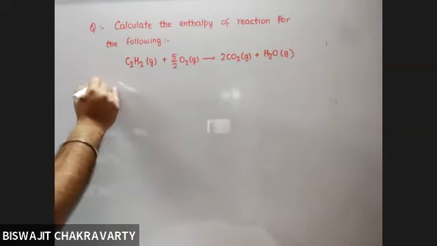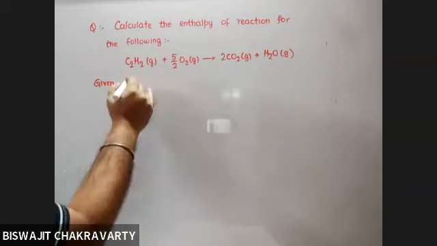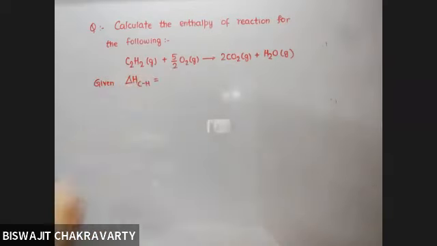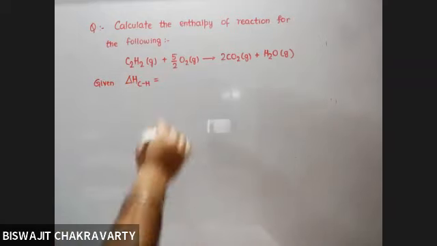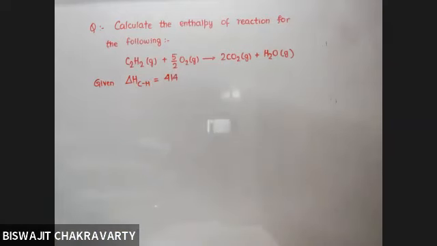Given: delta H C bond H equal to 414, all are in kilojoules per mole.